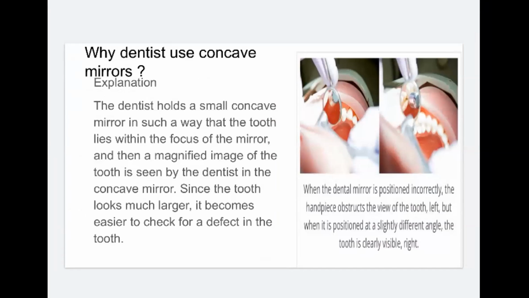Students, you can see over here how a dentist holds a small concave mirror in such a way that the tooth lies at the focus. The moment the distance between the tooth and the mirror is exactly equal to the focus, he gets to see a magnified image of the tooth. And simply by adjusting the angle at which he is holding the concave mirror, he is able to get a clear view.